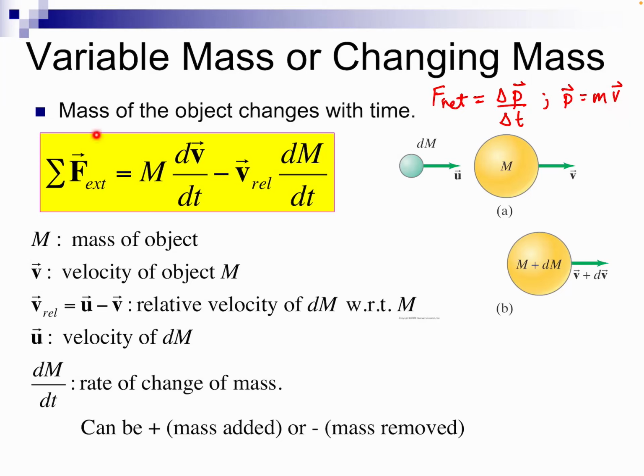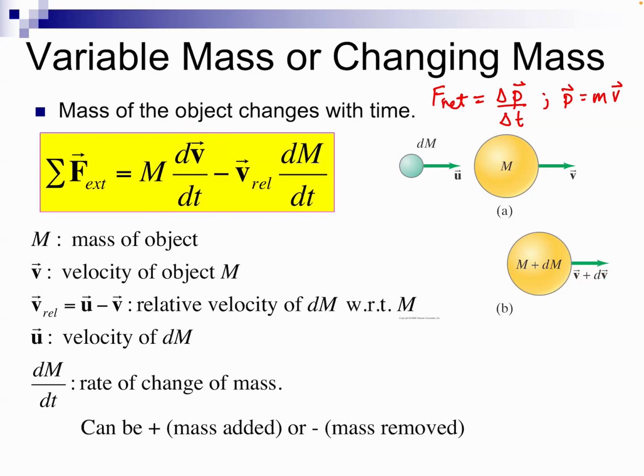So the net external force will therefore be the mass times the derivative of velocity over time. In this first term, we are taking into consideration the change in velocity of your object when some mass is added to it.